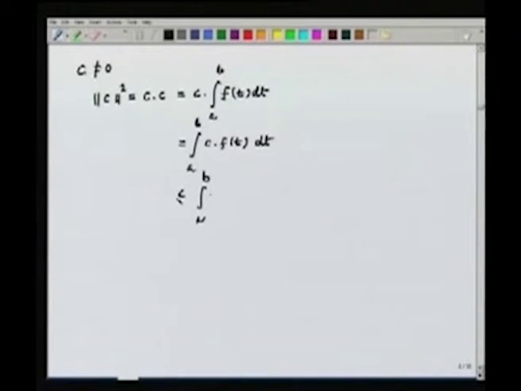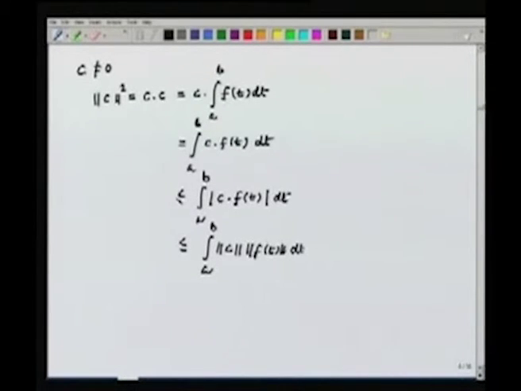So this is less or equal to integral a to b modulus of c dot f(t) dt. Now this is anyway less or equal to integral a to b norm c times norm f(t), which is an elementary inequality about vectors.